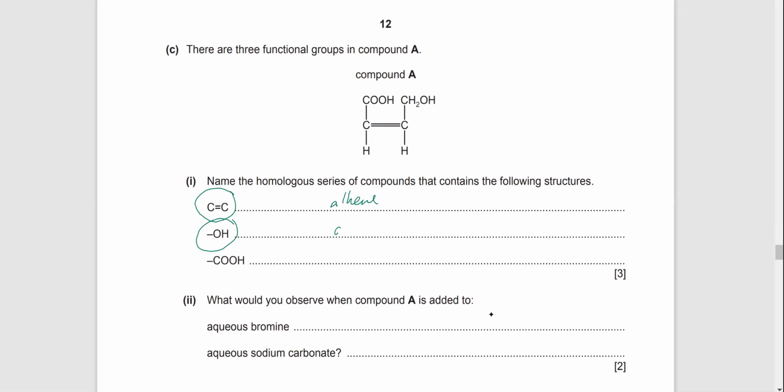Alcohol. ठीक है, so this one is alcohol and the next one is carboxylic acid. ठीक है. So he's saying there's this molecule, उसके अंदर all 3 are present. But you have a carboxylic acid, COOH, you have an alcohol, and you have a double bond.